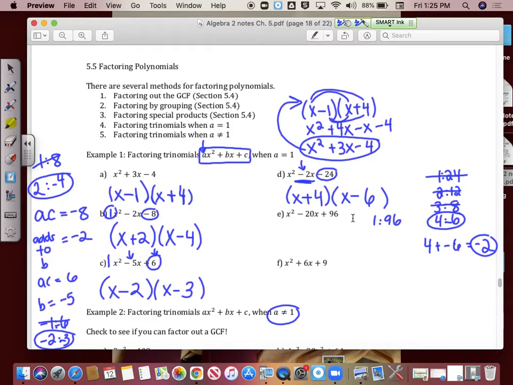And then to get the factors going down the line, you just try all the different division problems. 96 divided by 2 is 48. 96 divided by 3 is 32. 96 divided by 4 is 24. I know that 5 is not going to work. 96 divided by 6 is 16.